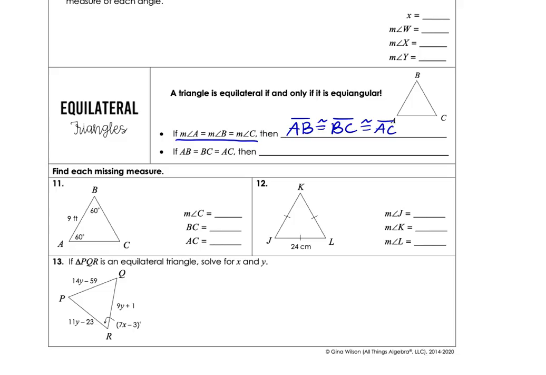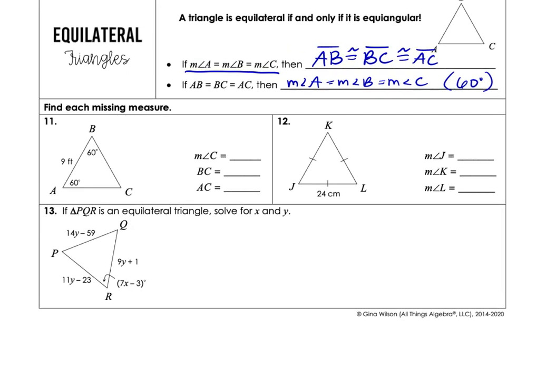Equal, congruent, same thing, right? If they're all the same length, then the measure of angle A will equal the measure of angle B will equal the measure of angle C. Side note, that's always 60. So you do 11, 12, and 13, and then we'll chat about them together.